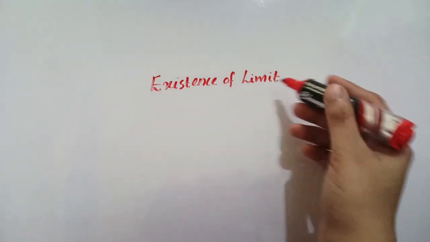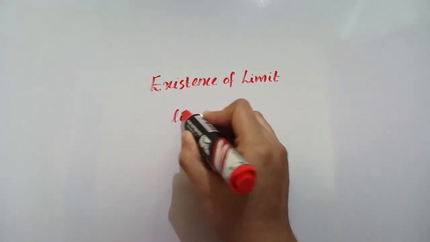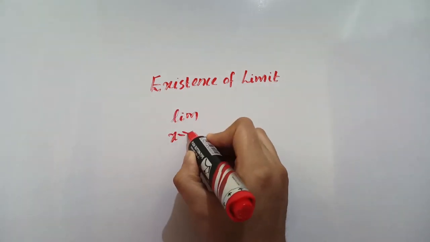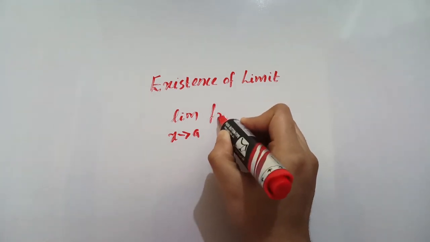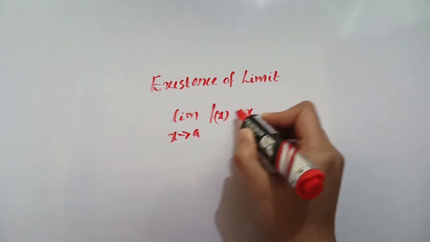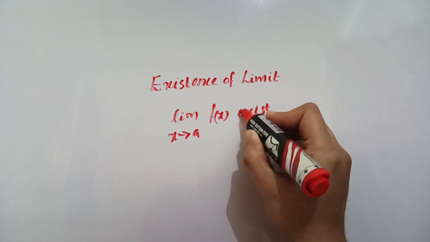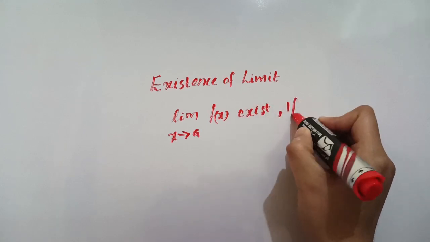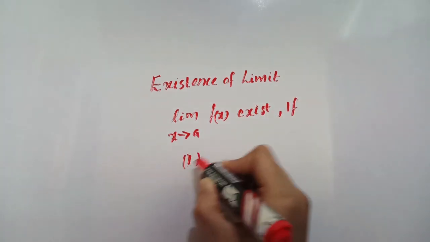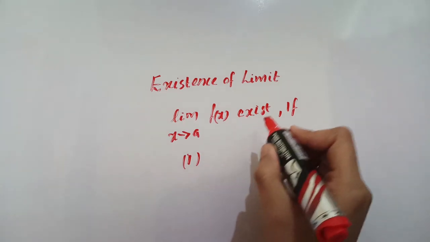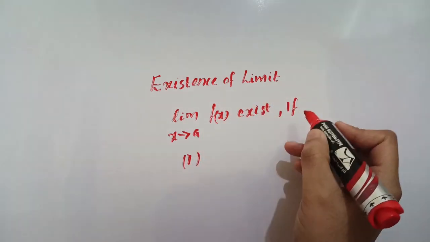Next, existence of limit. Limit x tends to a, f of x exists if there are two conditions. First, both the left hand limit and right hand limit exist.